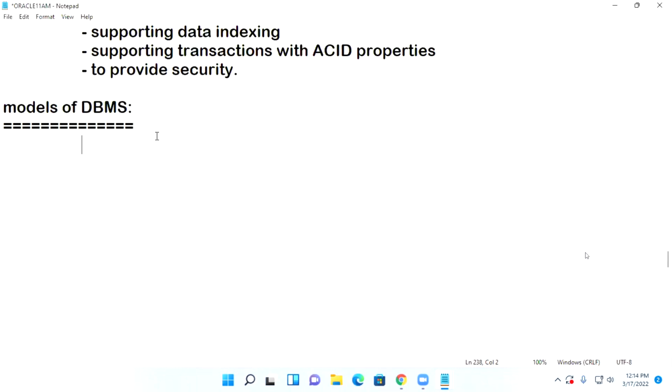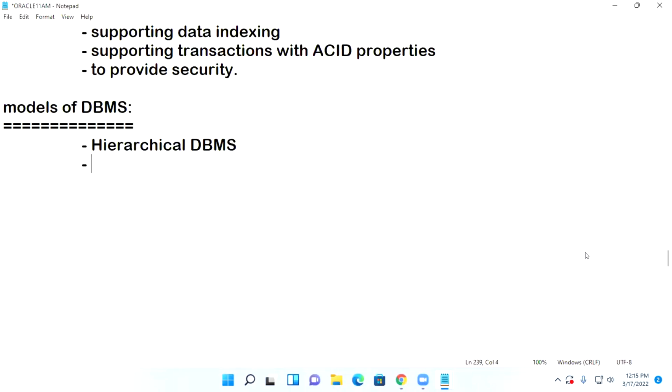The first software of DBMS, what is that? The first software is the hierarchical database management system. This is my first model and software here.